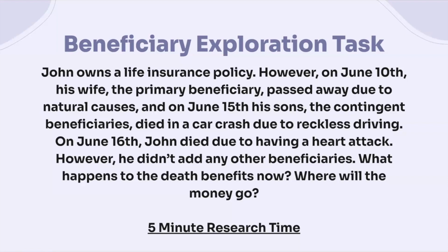On June 16th, even worse, John died due to a heart attack. However, he didn't name any other beneficiaries. So the primary beneficiary passed away, and the contingent beneficiary passed away. What happens now? Take a moment to think about it and research it. What happens to the death benefit? Where's the money going to go?